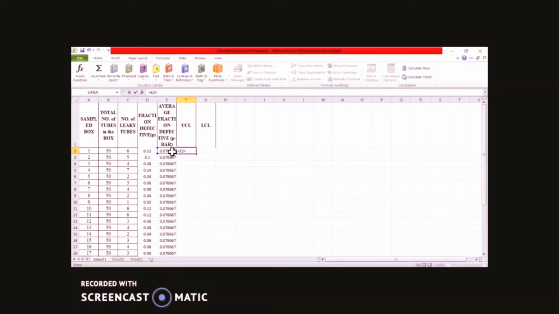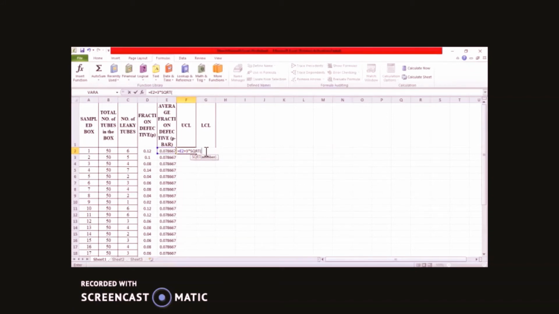plus 3 into square root. And now here, how are we going to write the square root? SQRT, because this is Excel, formulas are incorporated like this. Square root of P bar into 1 minus P bar.